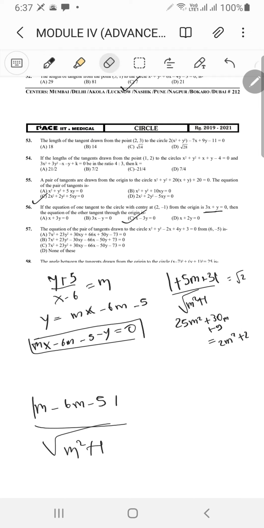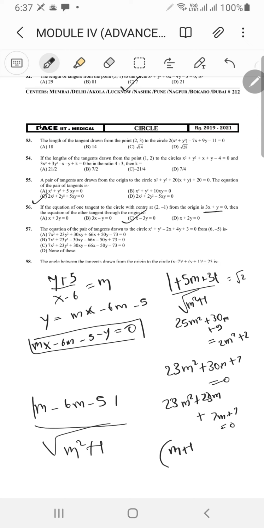Nice. What does that mean? That means 23m squared plus 30m plus 7 equals 0, which means 23m squared plus 23m plus 7m plus 7 equals 0. So (m plus 1) into (23m plus 7) equals 0.